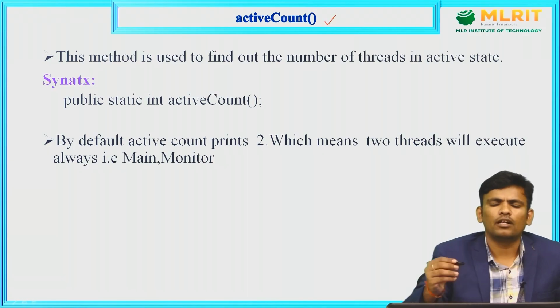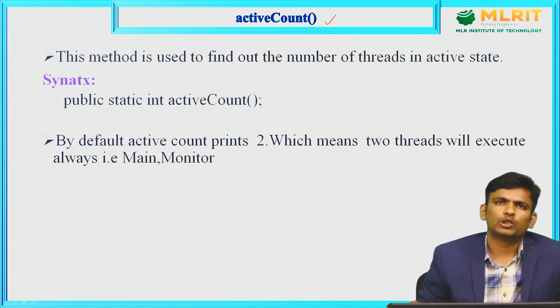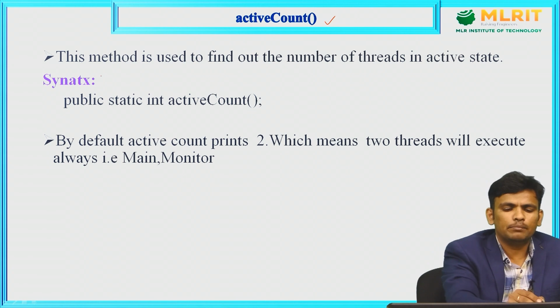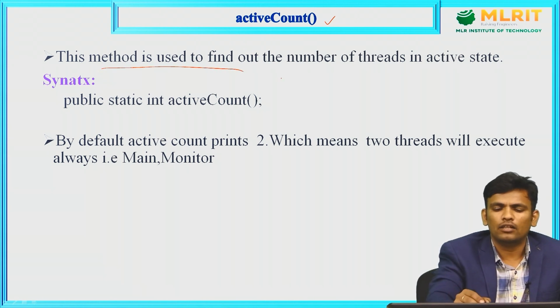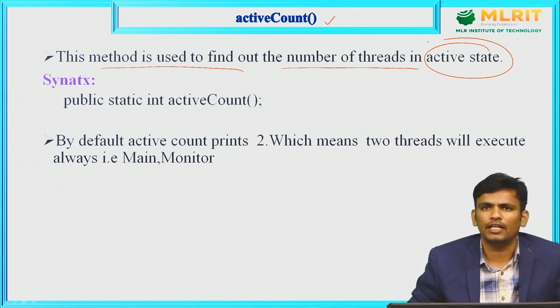So next method, the activeCount method. Active count is also one of the predefined methods which is defined inside the Thread class. This method is used to find the number of threads in active state.